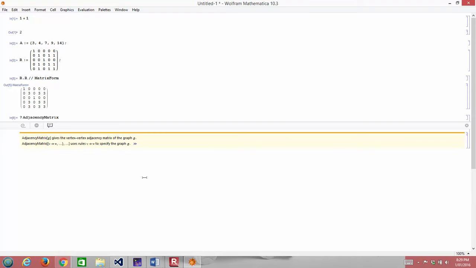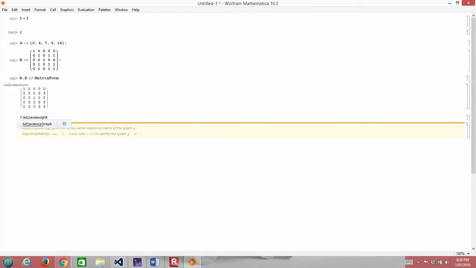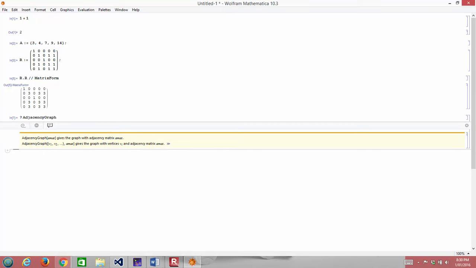Sorry, I don't want AdjacencyMatrix, I want AdjacencyGraph. There. Now it says, give me a matrix, AdjacencyGraph of a matrix gives the graph with that adjacency matrix. Now let's say I find that really confusing and I'm still not sure what I should do.